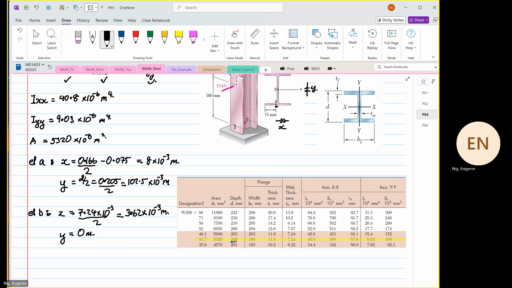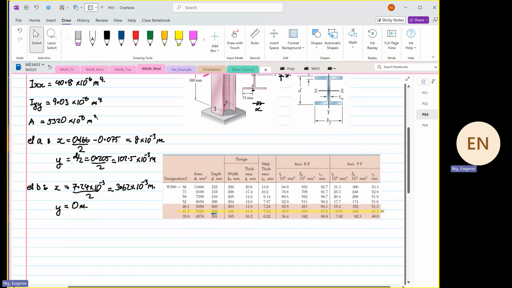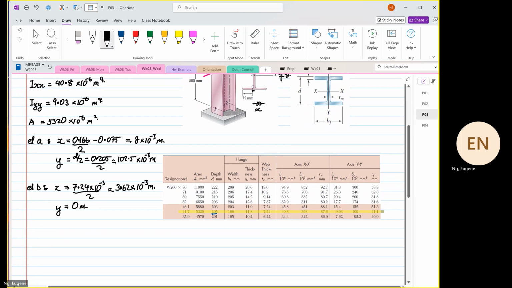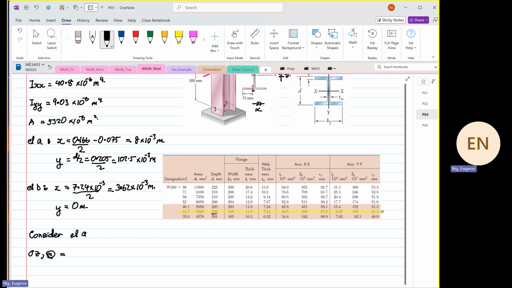So now we are going to deal with element A. Okay. So we know that stress Z for element A will equal to, so the PZ is equal to minus 100 times 10 to the power 3 divided by the cross-sectional area, which is 5320 times 10 to the power minus 6.